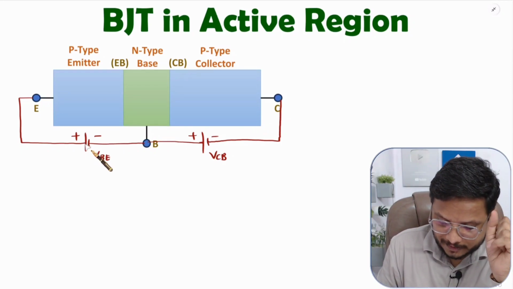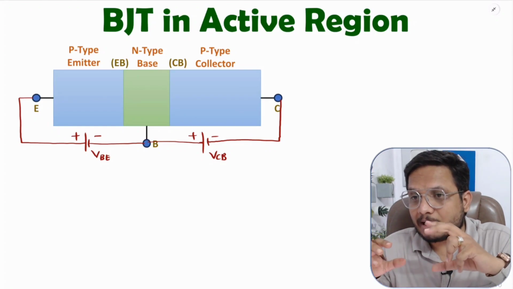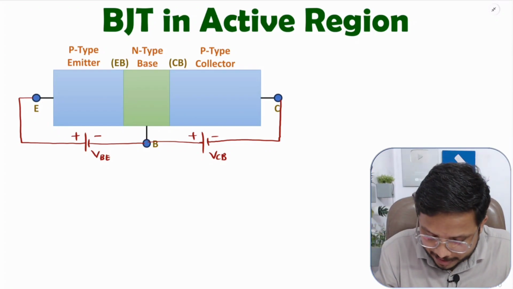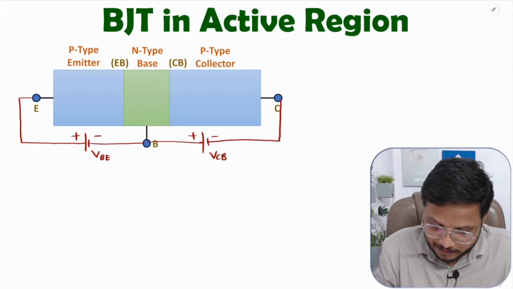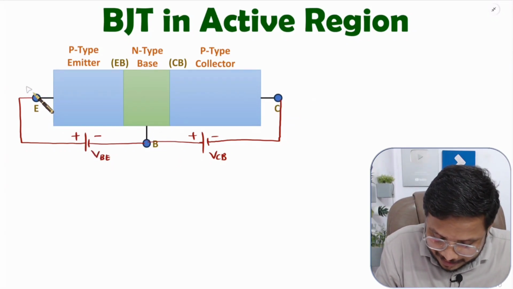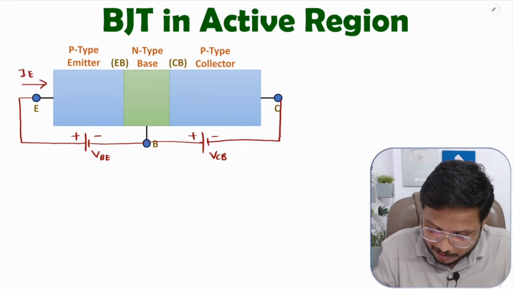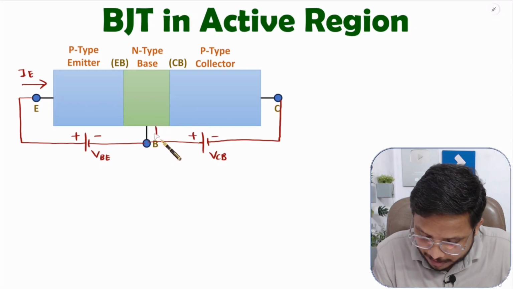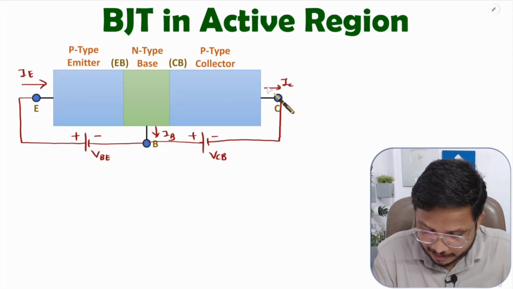Let us first consider how current flows externally. We have three terminals: emitter, base and collector. Current enters the emitter, which is what I am considering right now. Current comes out from the base, that is IB, and current coming out from the collector is IC.